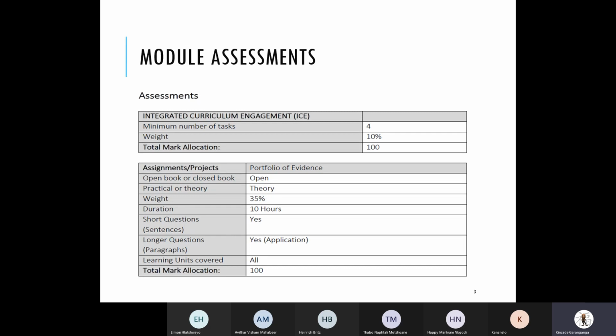So this is not an exam-based module. It's a POE-based module, which means that you're submitting an actual document towards the end of the semester itself. It will constitute 35% of your overall mark for the module.